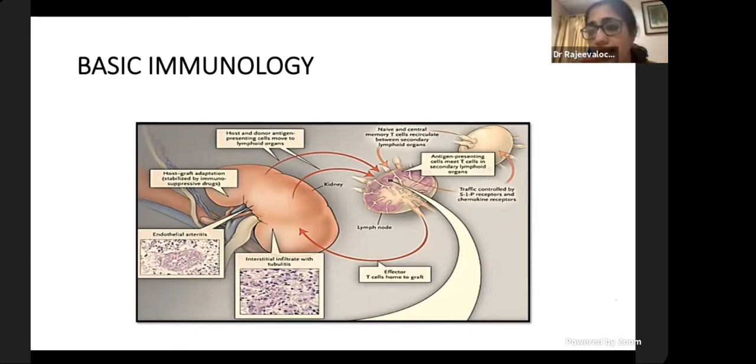The major histocompatibility complex or HLA antigen is presented by the antigen presenting cell and recognized by the T cell receptor, which leads to a host of cytokines and other co-stimulatory pathways being activated, which basically leads to rejection. Now, there are many types of rejection.